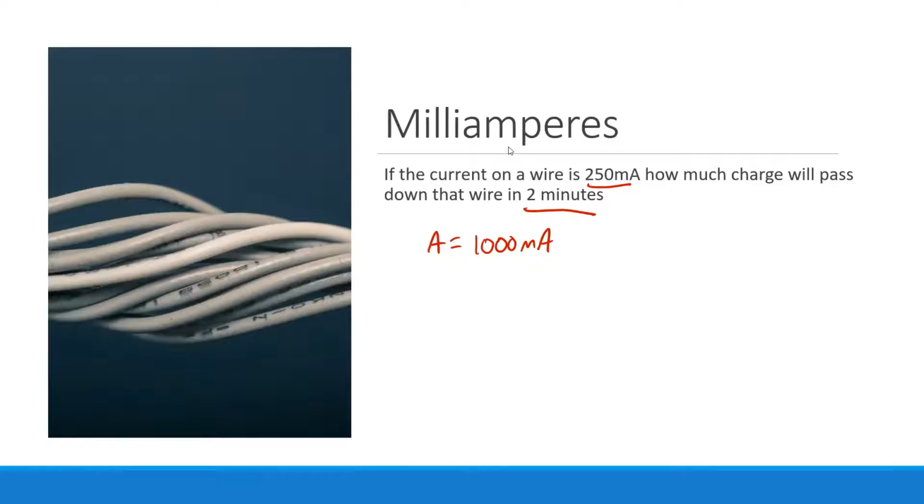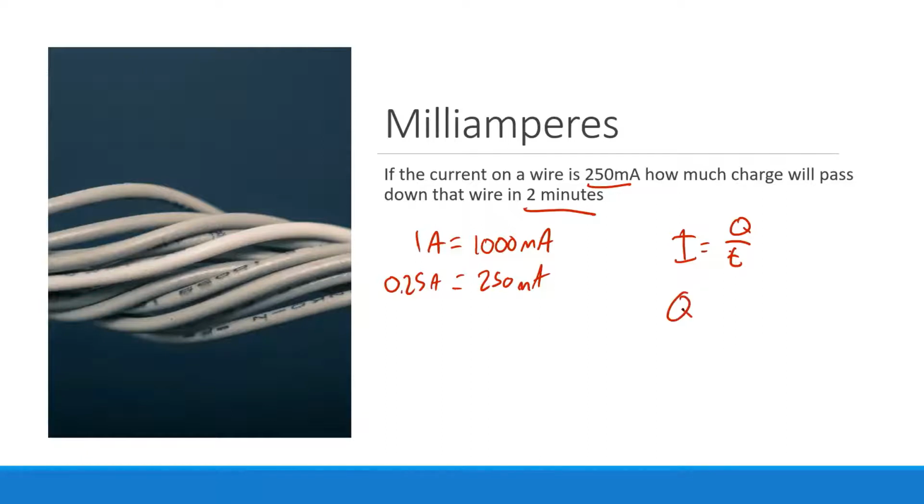Okay, so if I've got 250 milliamps, that's going to equal 0.25 amps. It's very similar to grams and milligrams, essentially. So if I wanted to use this formula, I equals Q over T, and this time I want to work out the amount of charge.